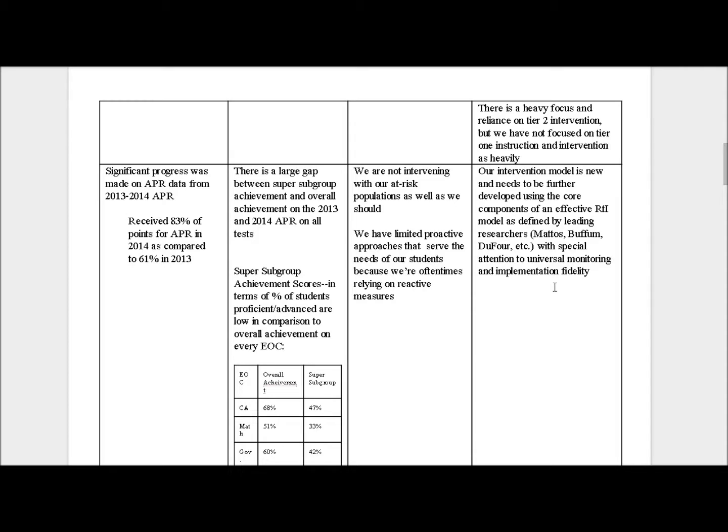Another thing I said was that our intervention model is new and needs to be further developed using the core components of an effective RTI model as defined by researchers. We know with RTI, having research-based strategies is something that is required. And then also, once you have those research-based strategies, we need to implement those with fidelity.